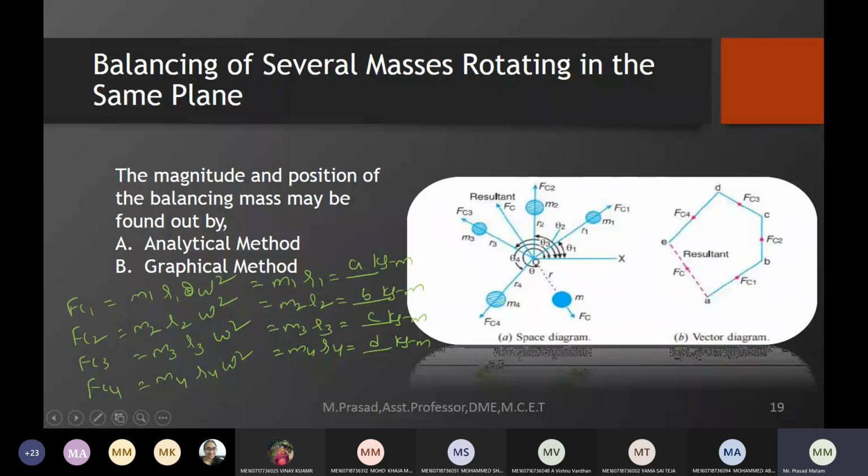Now you know up to how much length AB has to be drawn. Similarly, up to how much length BC, CD, and DE have to be drawn.